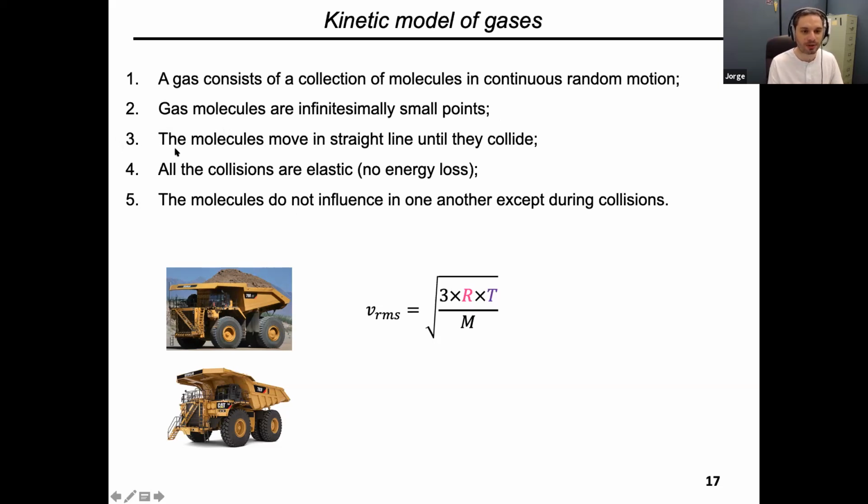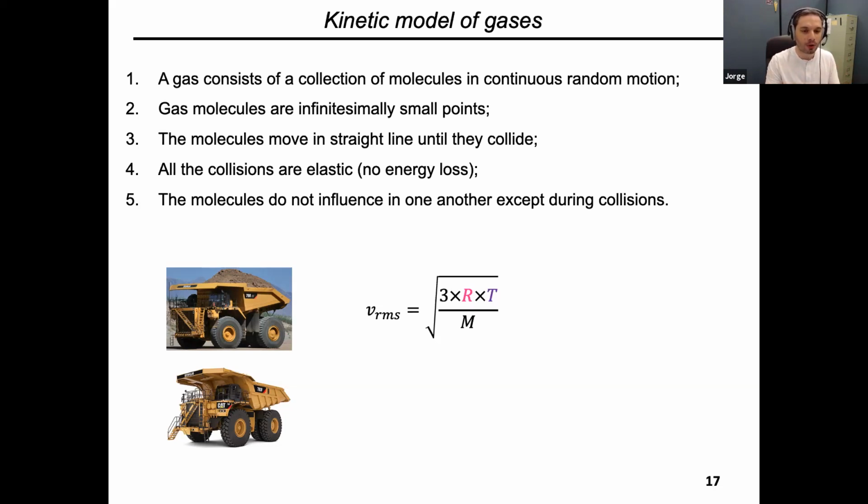Third hypothesis is that the molecules in the gas state move in a straight line until they collide, okay? So always movement in a straight line until they collide, and they will be kind of reflected by the collision and start moving in another direction.